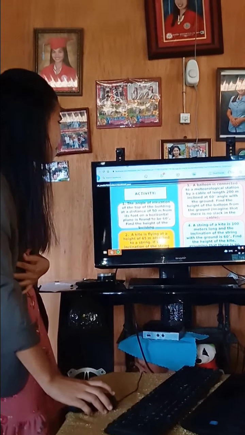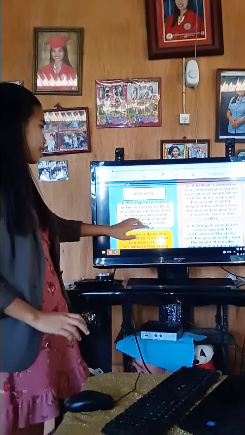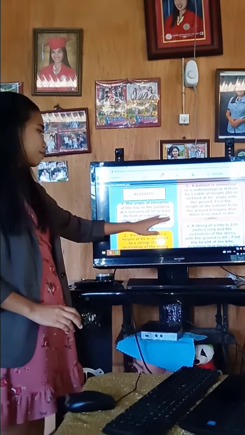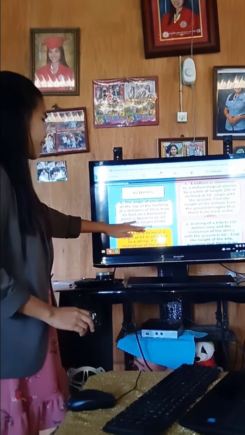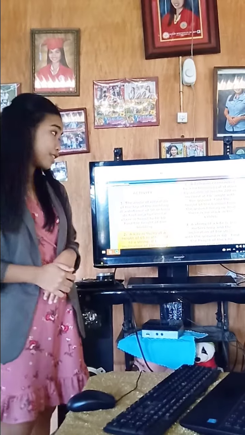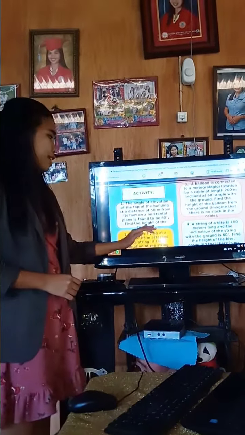For number 1: the angle of elevation of the top of a building at a distance of 50 meters from its foot on a horizontal plane is found to be 60 degrees. You are asked to find the height of the building.